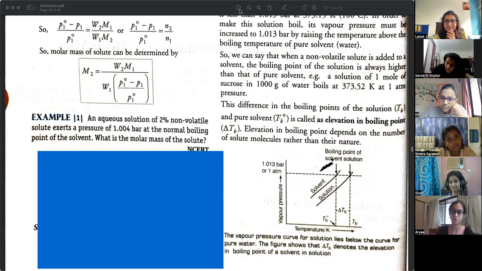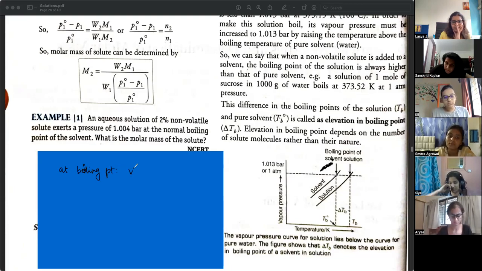I think I just mentioned it in passing. Like the technical definition of boiling is, at boiling point, the vapor pressure of the substance becomes equal to the atmospheric pressure. This is a thing, remember.